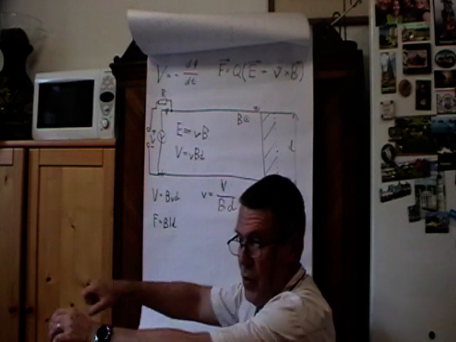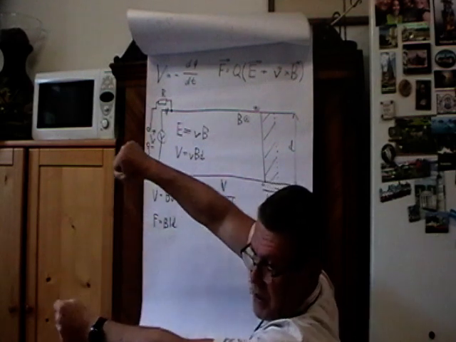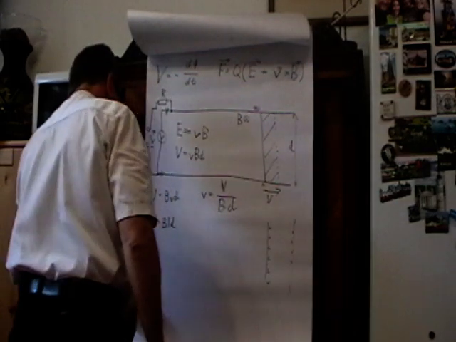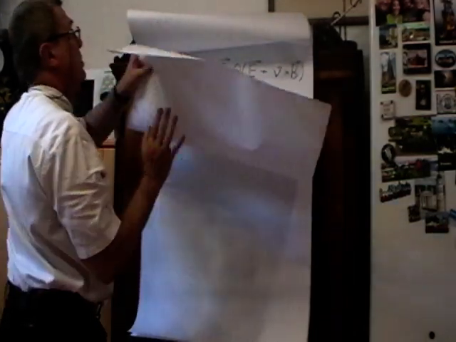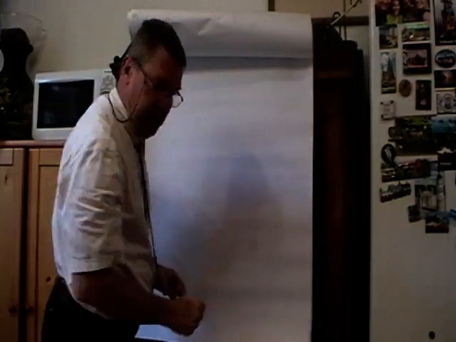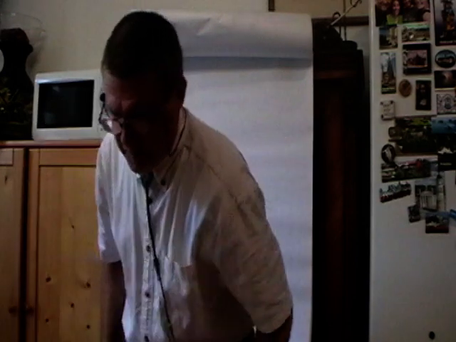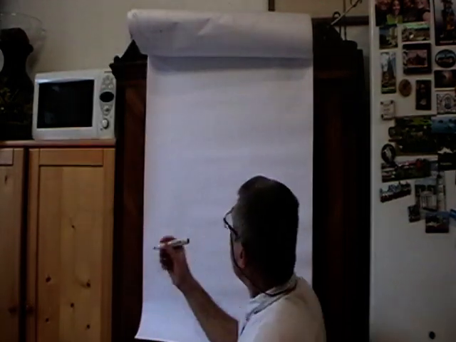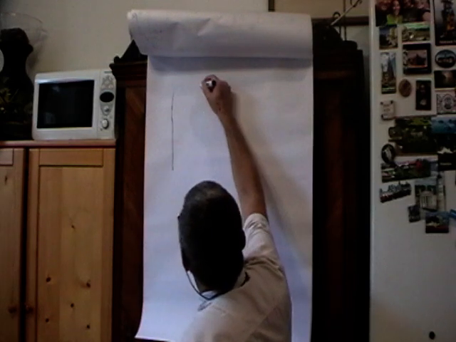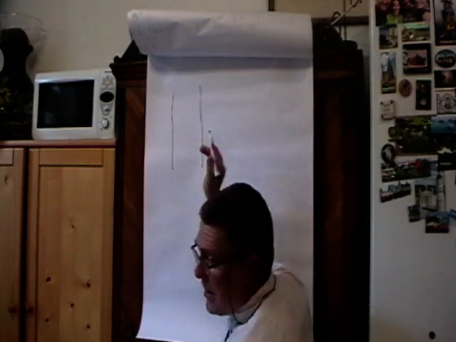Let's say it's a two-wire transmission line. So we have that line. There are two wires, one and second. They are parallel.